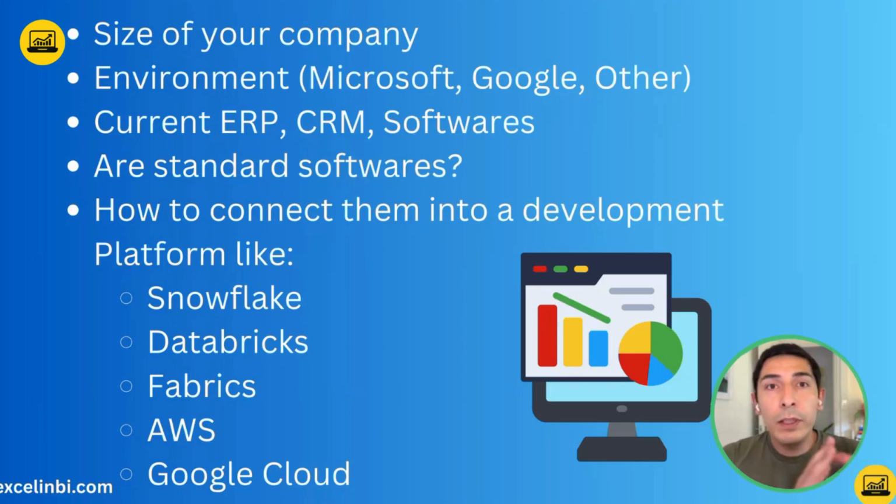However, if you have all the environment in Microsoft, which means all the emails are in Outlook and you're using SharePoint, probably a solution in Azure or Fabric could be more cost effective for you. That is the importance of understanding which environment your company has. If your company doesn't have any of those, there is also AWS and other solutions for you.